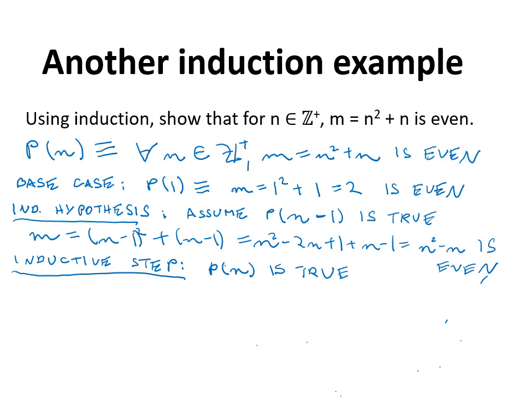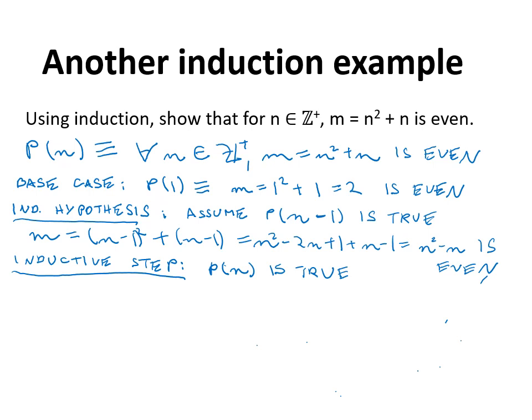So you can move from n minus 1 to n, or you can move from n to n plus 1. Those are going to be the most common examples. You could even do something like moving from n plus 3 to n plus 4, but that usually introduces unnecessary complexity. So typically we want to move either from n minus 1 in hypothesis to n in inductive step, or from n in hypothesis to n plus 1 in inductive step. Okay, so we want to show that P of n is true.